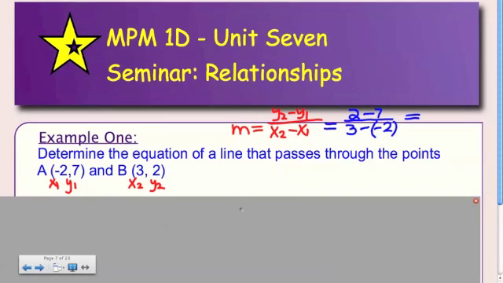So 2 minus 7 divided by 3 minus negative 2. What is my slope going to be? Anyone know?